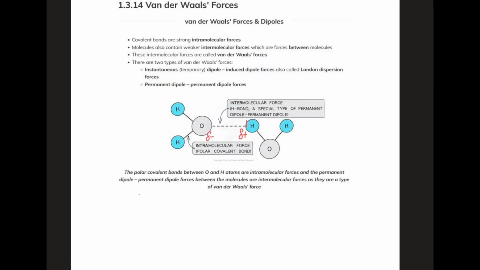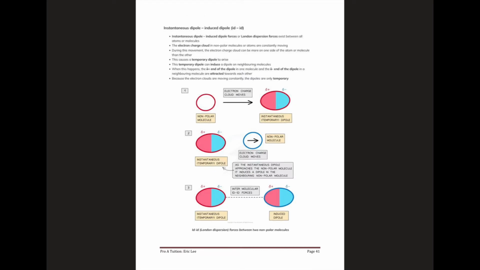But if the delta positive is because of hydrogen and the delta negative is because of F, O or N, then it is a special type of permanent dipole, which is hydrogen bond. If it is not between those, then it's just the normal permanent dipole, which is under the van der Waals forces.